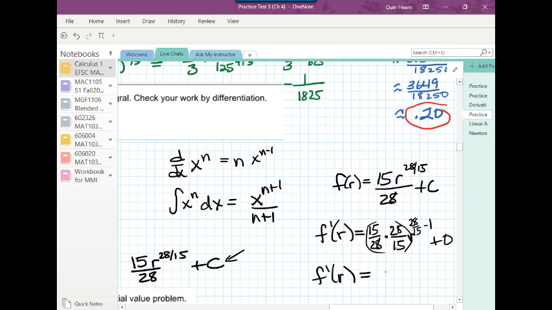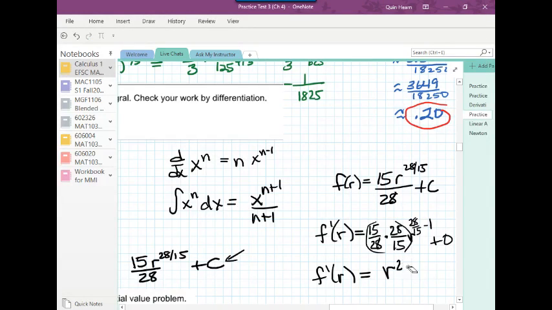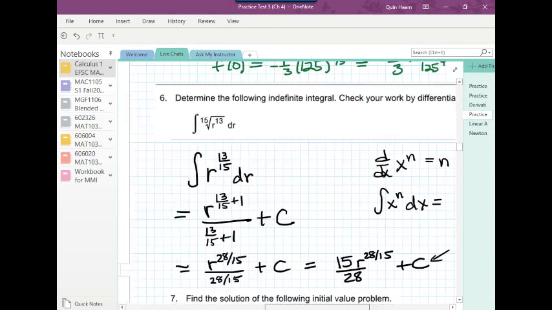All right, so this is going to be r to the 28/15 over 28/15, or that would be 15 r to the 28/15 over 28 plus c.